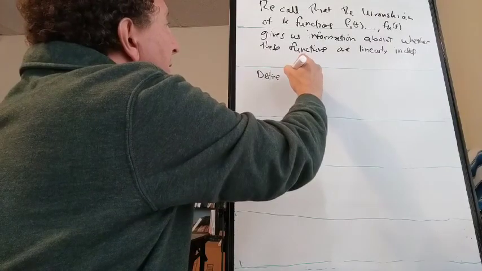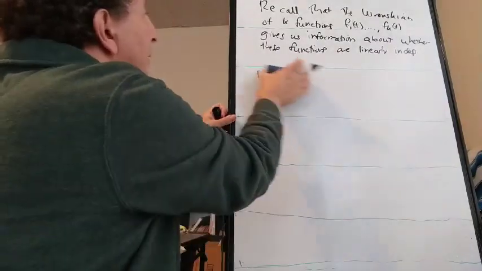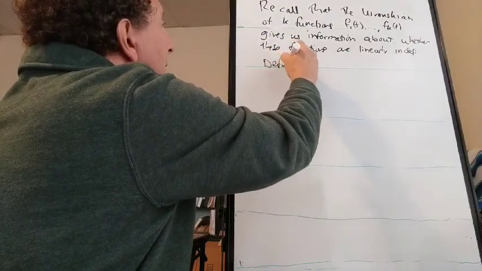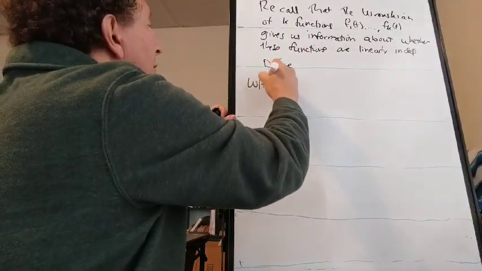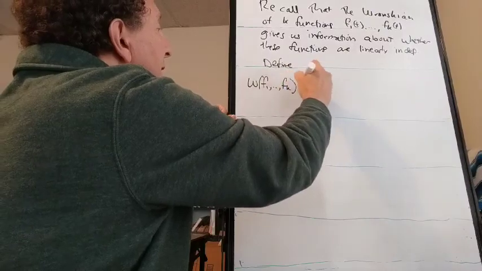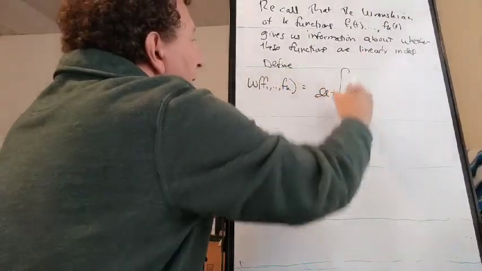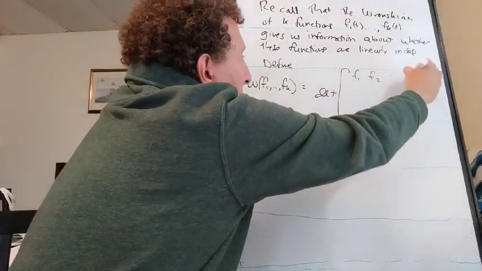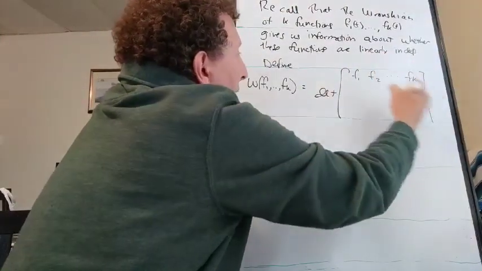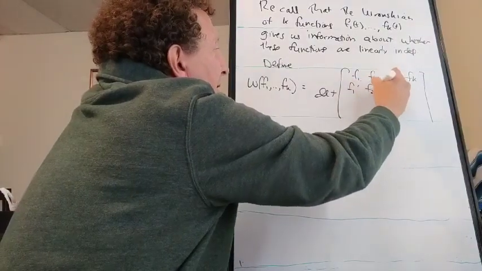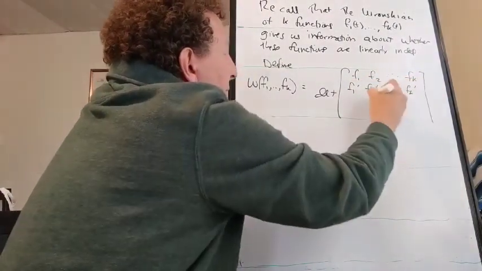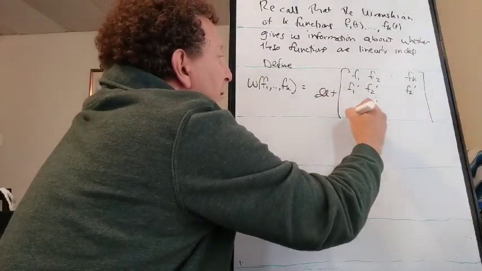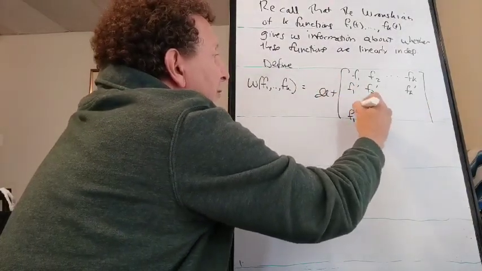So we define W of f1 through fk to be the determinant of the matrix we get by putting f1 through fk in the first row, and then the derivatives in the second row. And then we go all the way down until we have k rows, so I guess the k minus first derivative is going to be the last one.